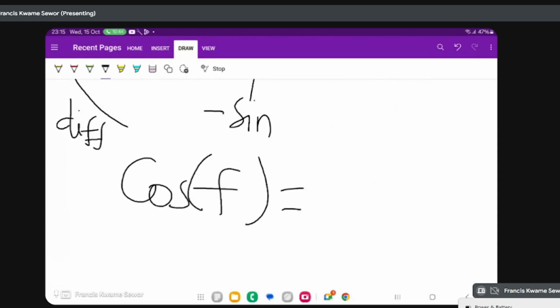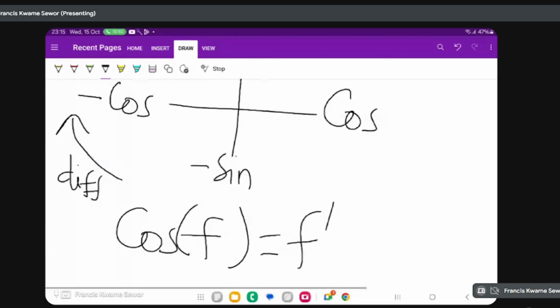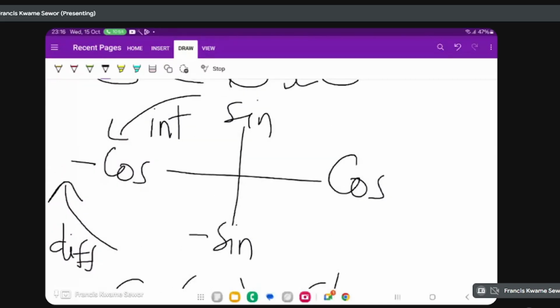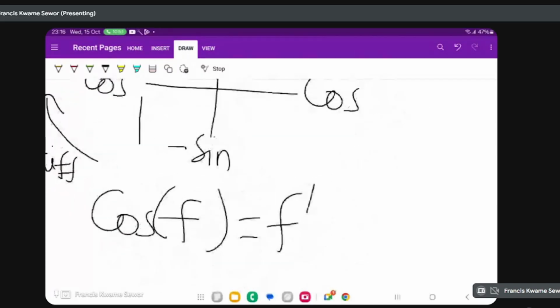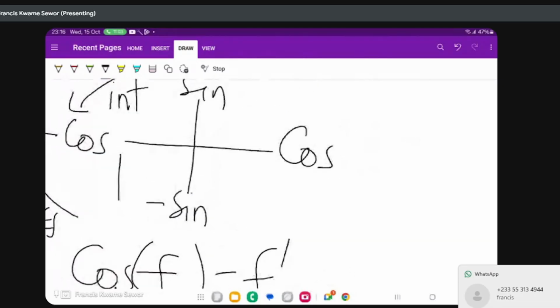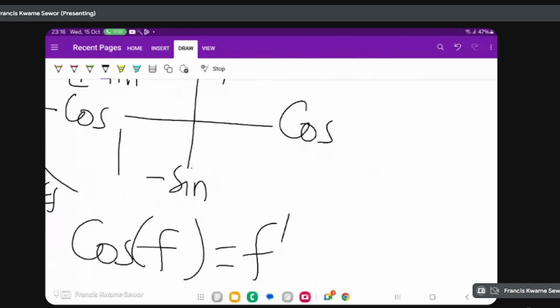The differential of the function, so f prime, plus whatever you get from this map. The cos becomes what when differentiating? Negative sine.